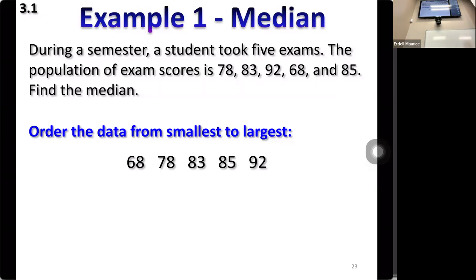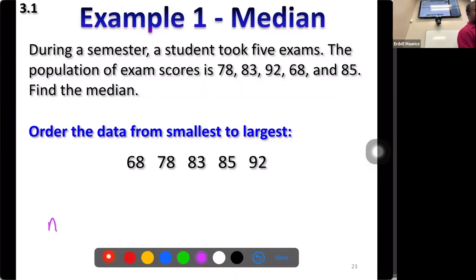Now, let me give you a formula that can help you pick the middle number. If n is odd, you go n plus 1 divided by 2, and this will give you the position of the number you're looking for.